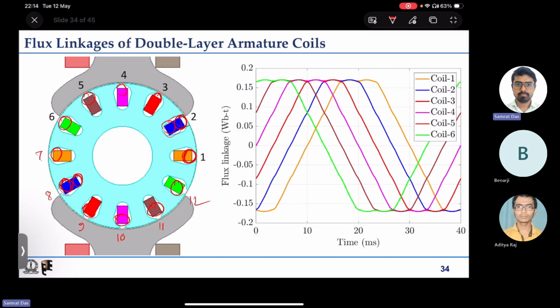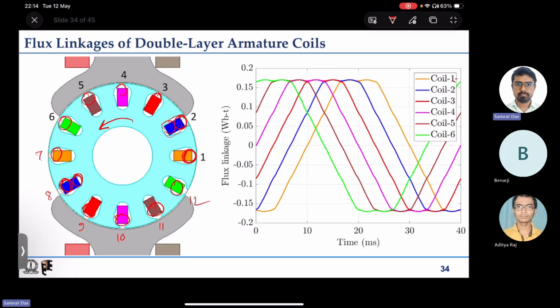and the flux linkages, as the field is excited and the rotor is rotated in the anti-clockwise direction, the flux linkage shapes will be the same. So 1 and 7 will have the same shape, or the same flux linkages for the first coil and seventh coil.